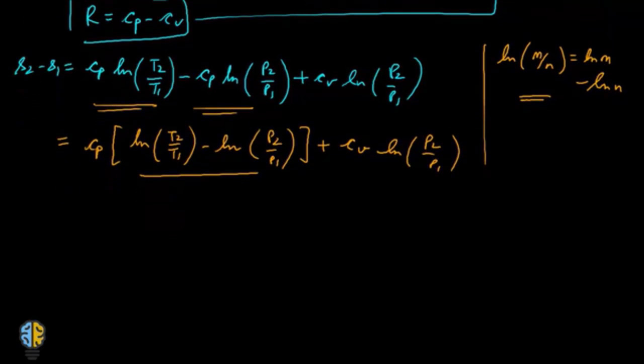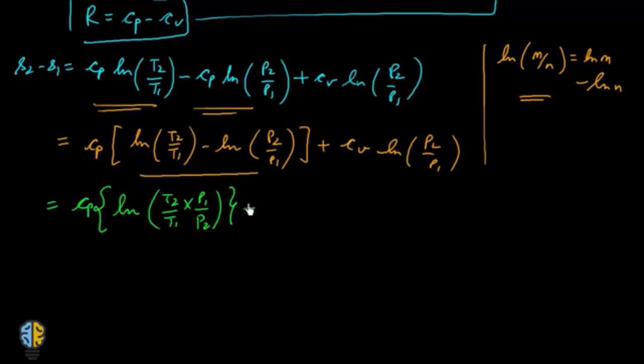When you use that property, you get Cp into log of T2 by T1 upon P2 by P1. So you can take the reciprocal of this, you will get P1 by P2. So this is what it reduces to, plus Cv into log P2 by P1.